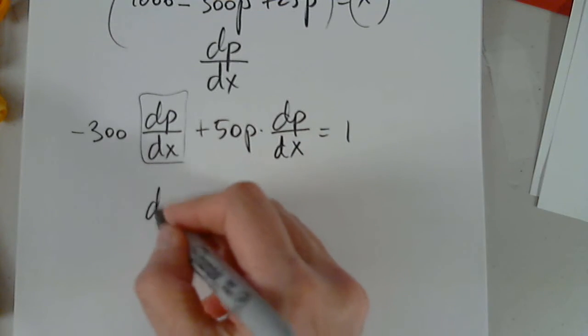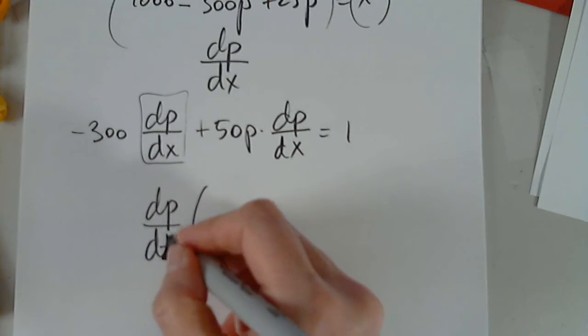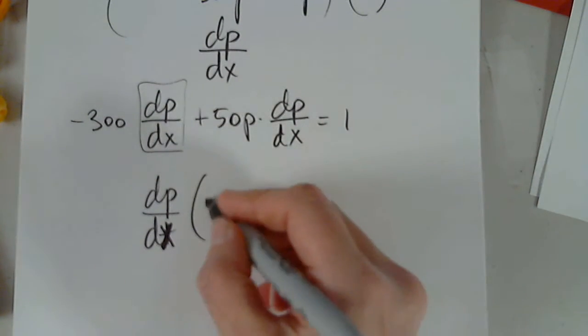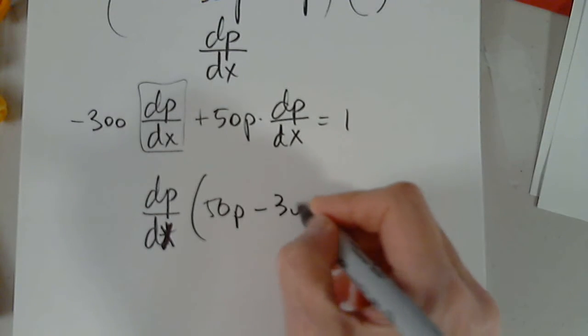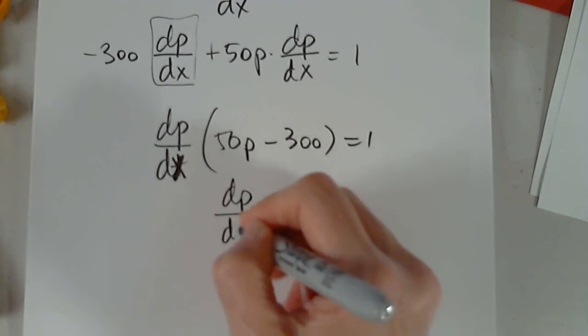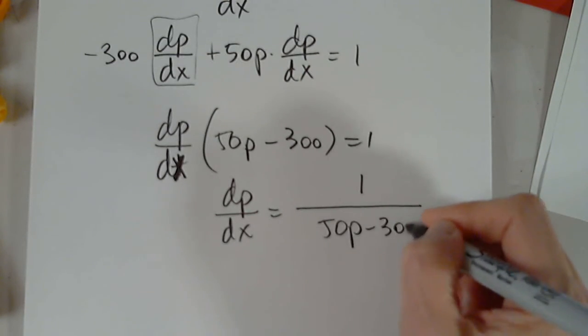I will factor out dp over dx, oh, sorry, thinking of related rates already. So this is 50p minus 300 equals 1. So then dp over dx is 1 over 50p minus 300.